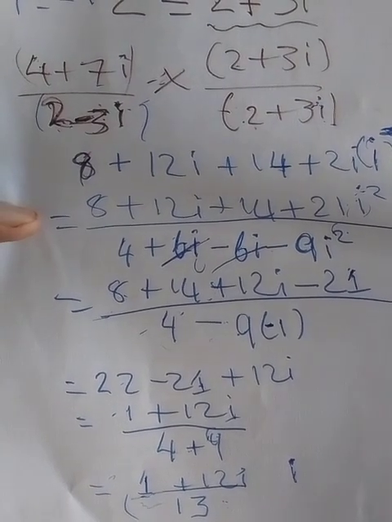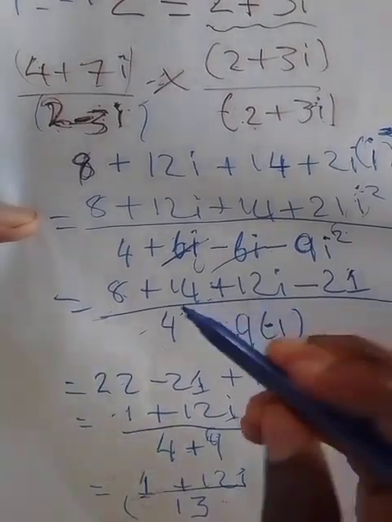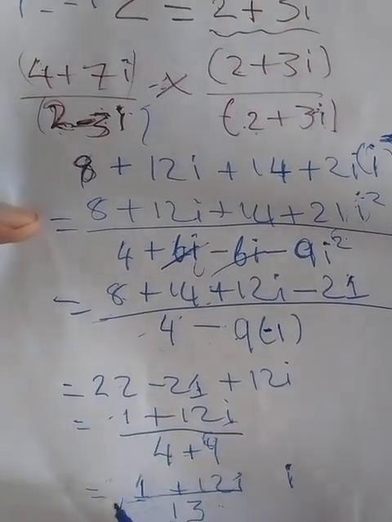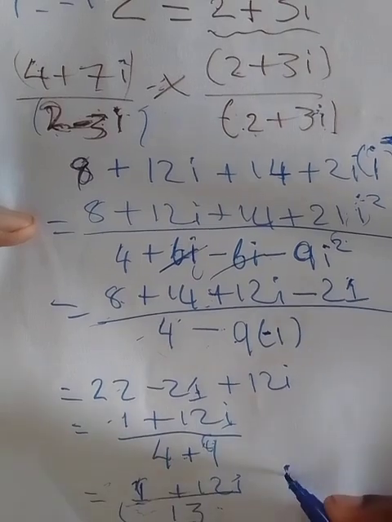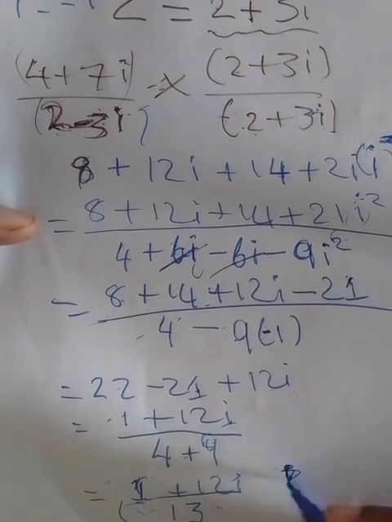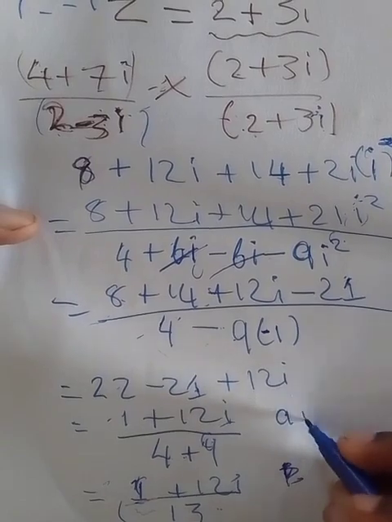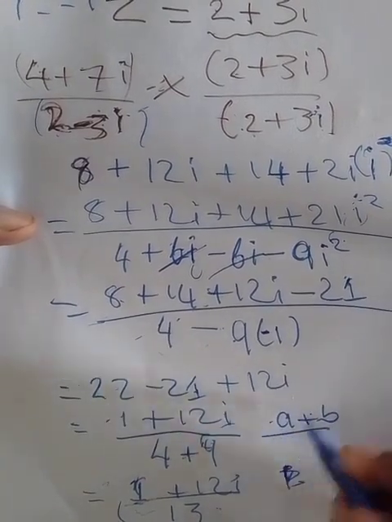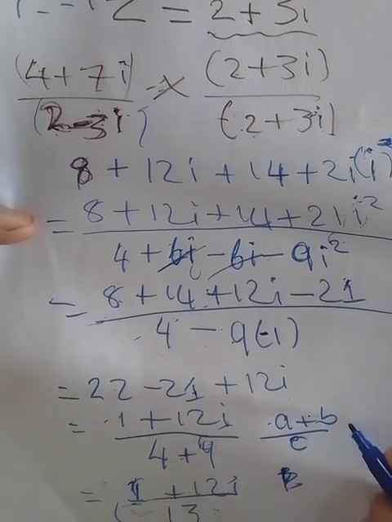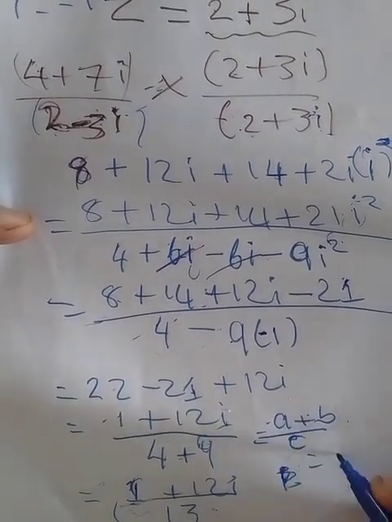Now the standard way of leaving your answers is by writing. Remember, there is a concept in mathematics that given a plus b over c, it can be written as a over c plus b over c. Remember that.